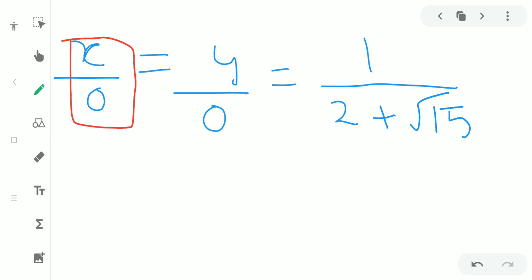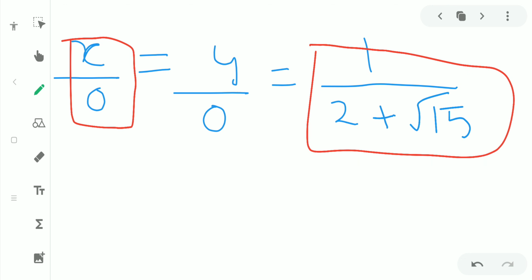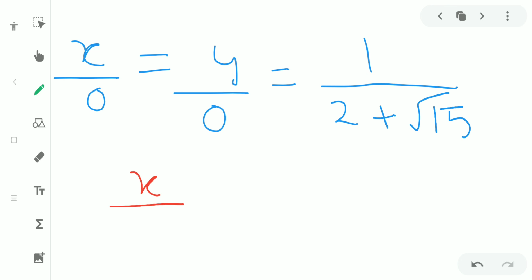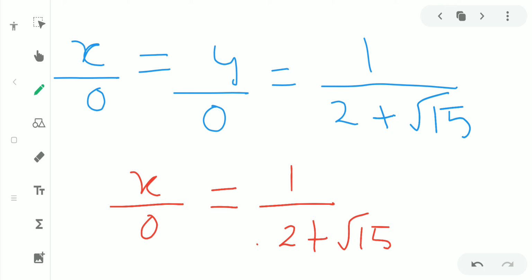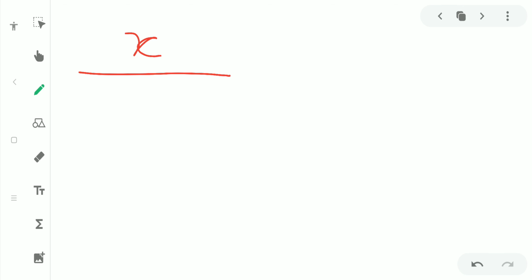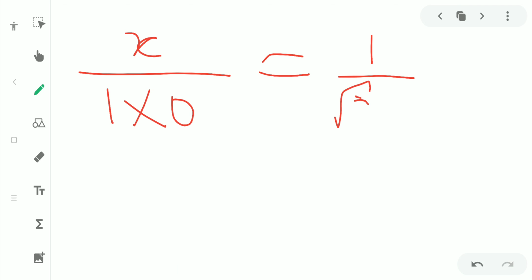So now let us equate this. X by 0 is equal to 1 by 2 plus root 15. X by 0 is nothing but x into 1 by 0, which is equal to 1 by 2 plus root 15.